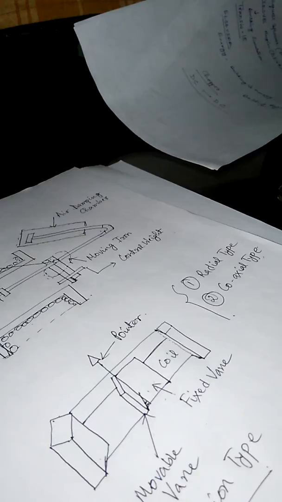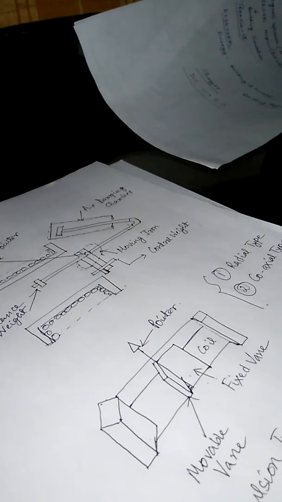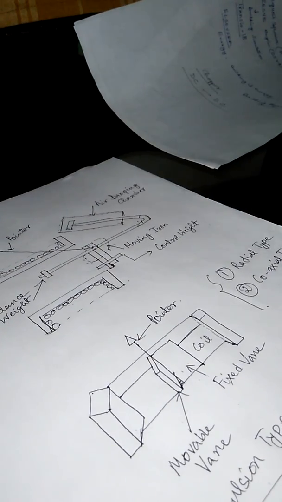Now see, suppose we are considering the current flow. The very advantageous part of the moving iron instrument is that it can work in both AC and DC, because if the current is flowing in the opposite direction or both directions, whichever direction the current is flowing, the moving iron instrument can work.